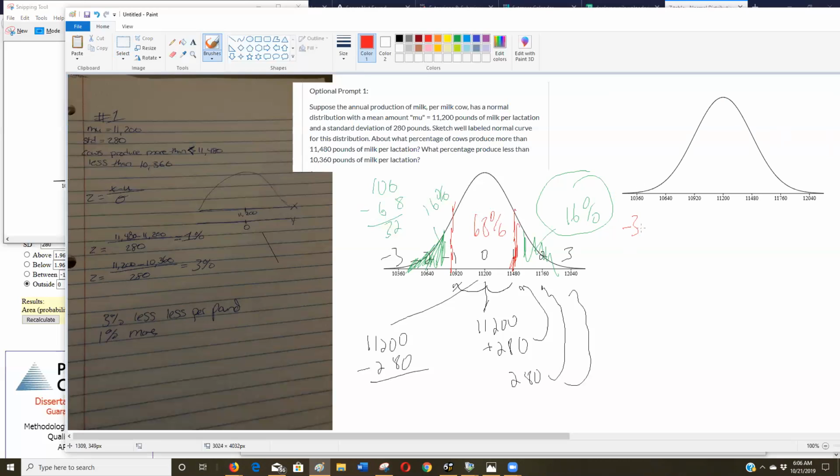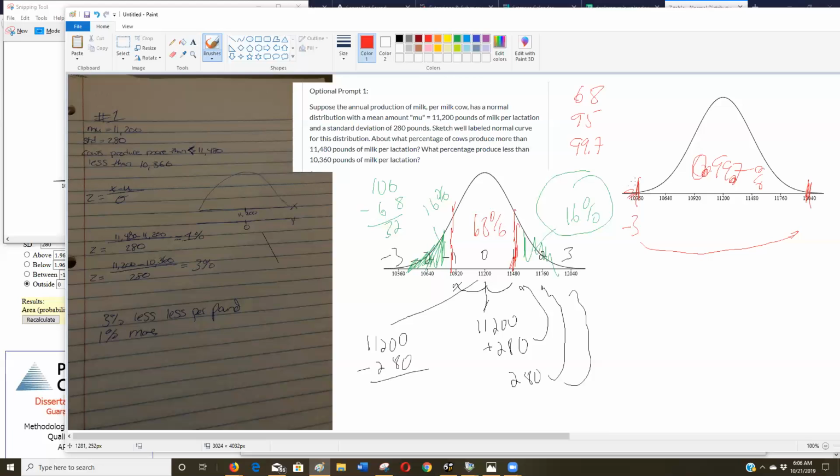-3 standard deviations. If we remember the 68, 95, 99.7 rule, we know 68 is plus or minus 1 standard deviation, 95 is plus or minus 2 standard deviations, and 99.7, or practically all of it, is within 3 standard deviations. So let me write it as a decimal. 0.997 is in between 3 standard deviations below and 3 standard deviations above.